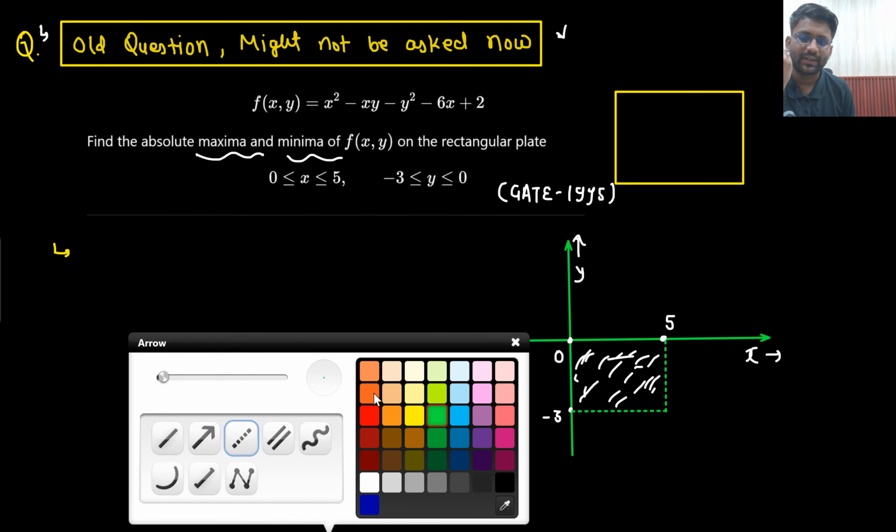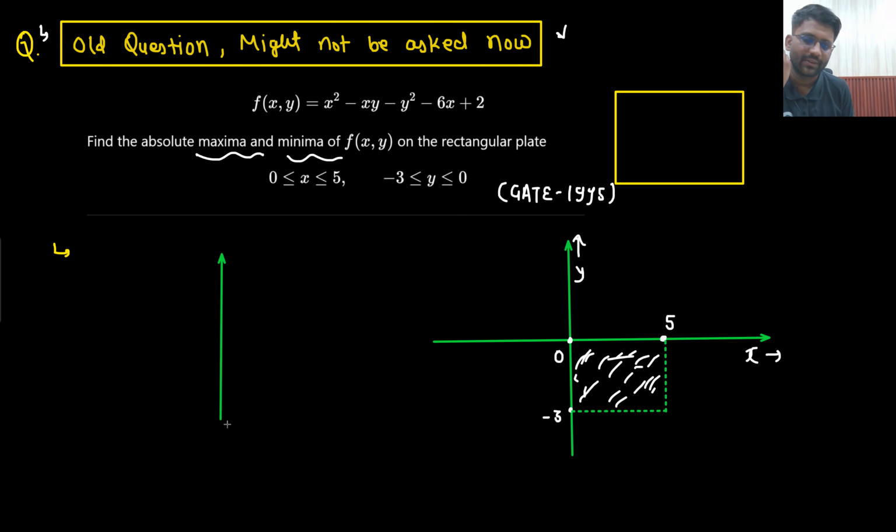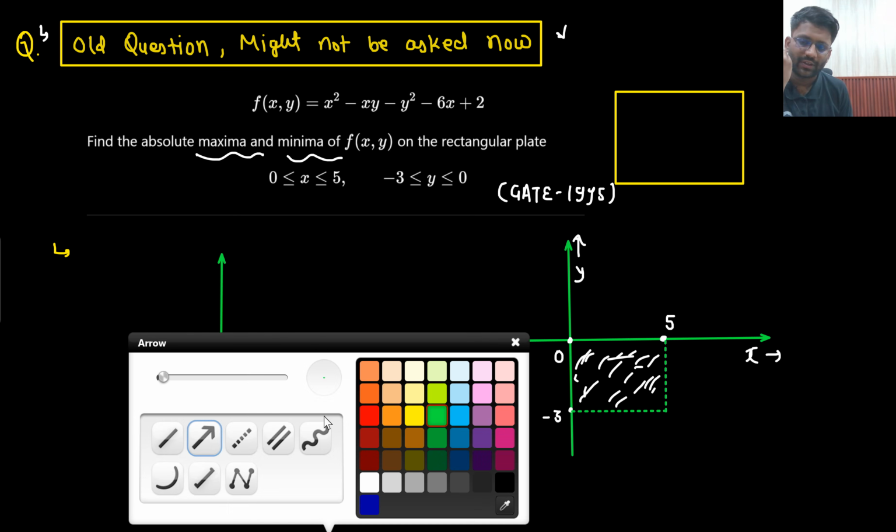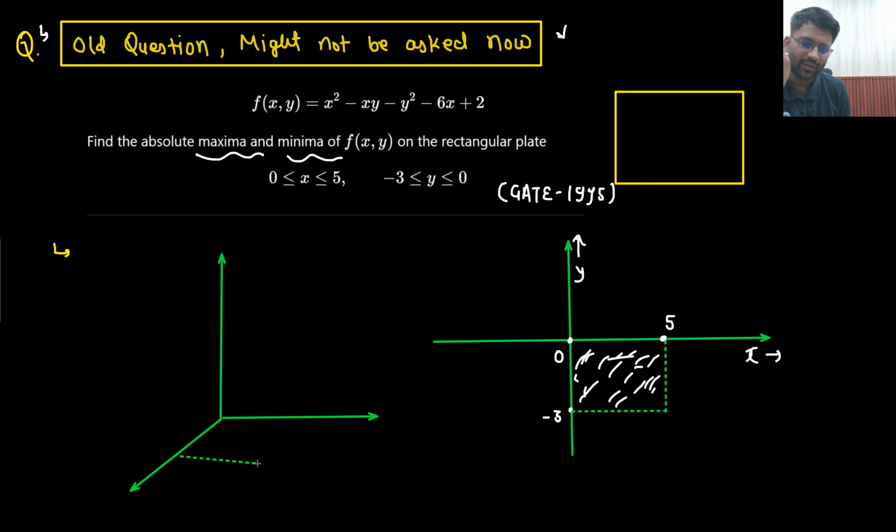When you make the graph, make sure that in this range, whatever values you are having, those values you will put, and based on that you will make the graph. The corners are (5, 0), (0, 0), and (-3, 0)... (0, -3).